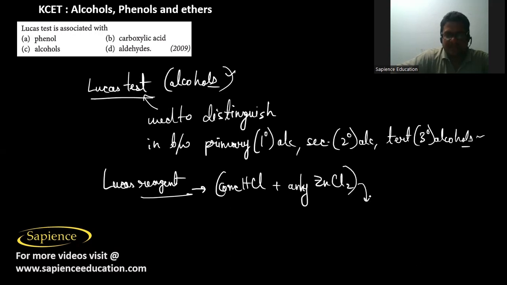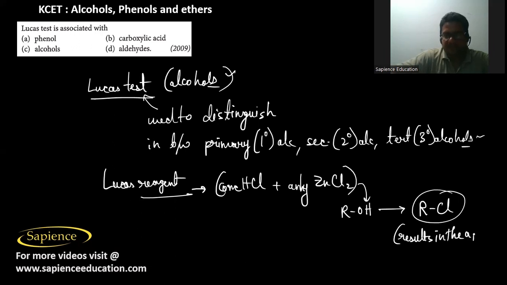It is added to the alcohols to form the alkyl chloride, and the formation of the alkyl chloride results in the appearance of turbidity in the solution.